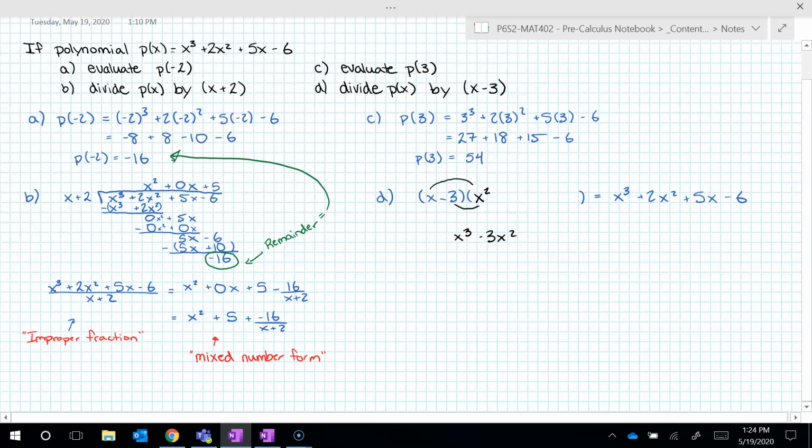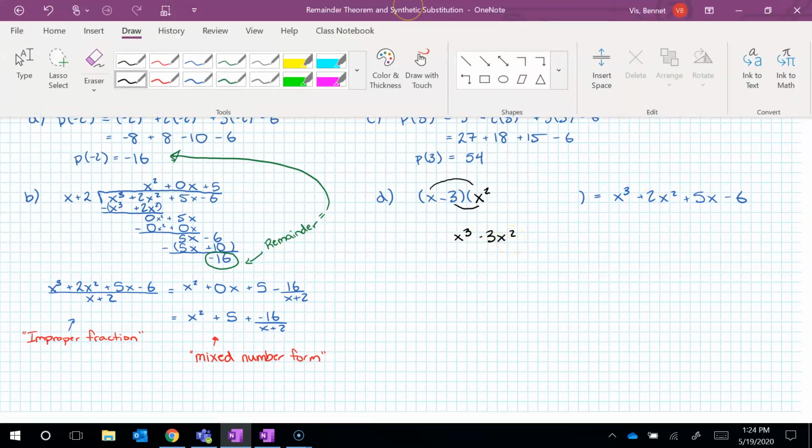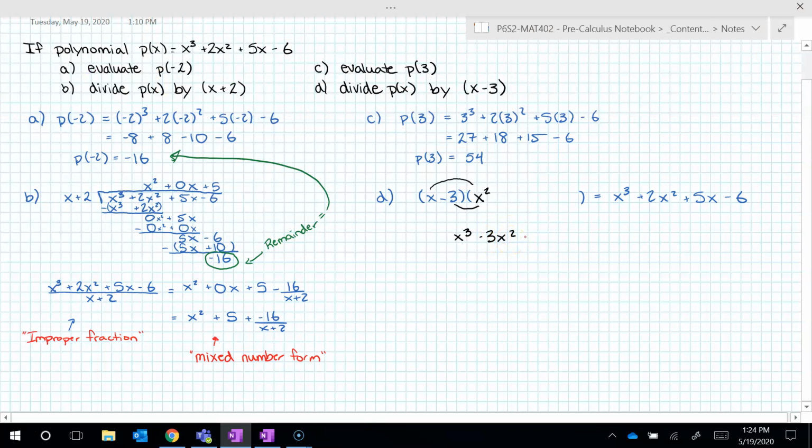I wanted there to be 2x squareds. I just created negative 3x squared, so the next piece in here better be a plus 5x squared, because then that will make a 2x squared term like I want.